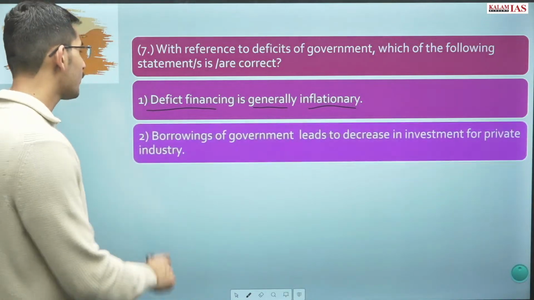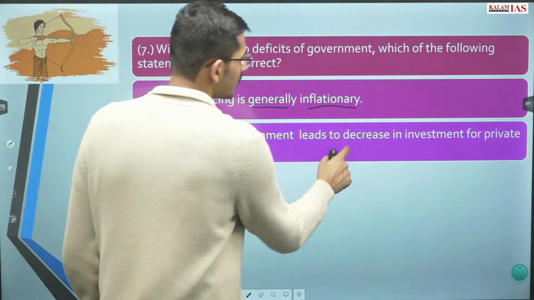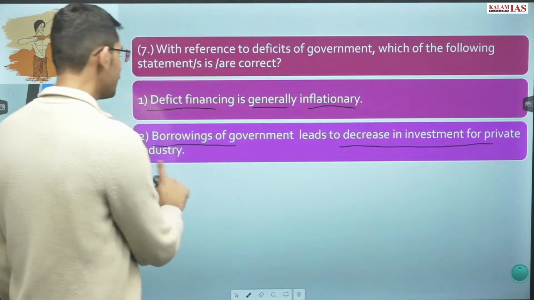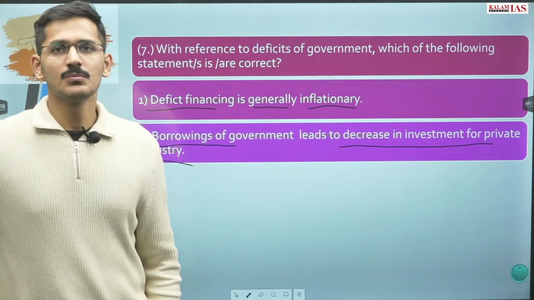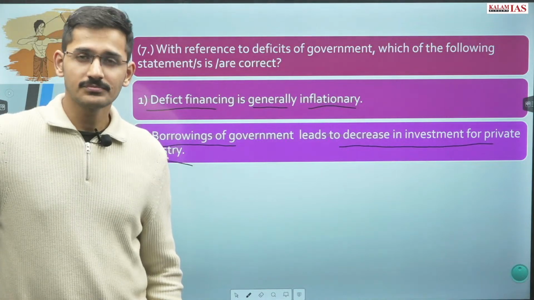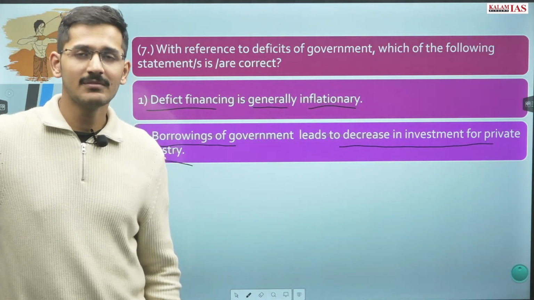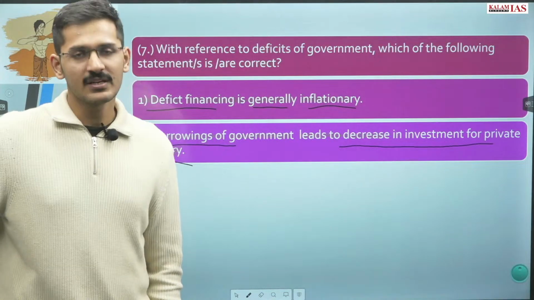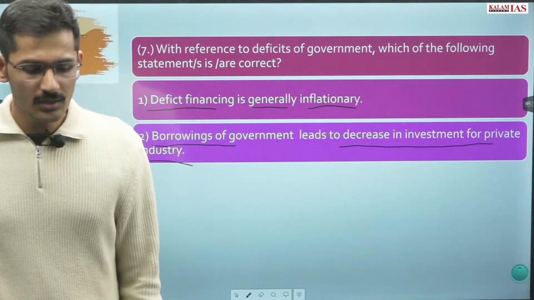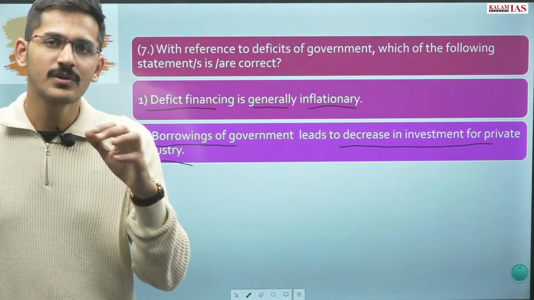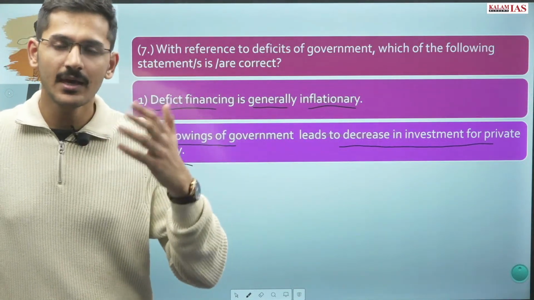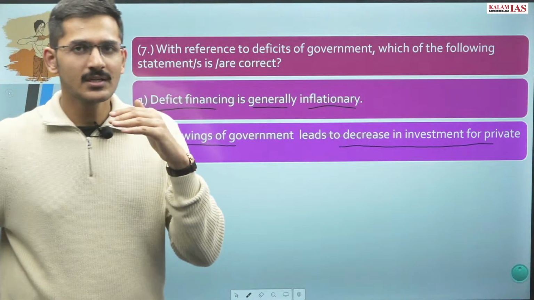Next is, borrowings of the government lead to decrease in investment for private industry. Money supply in the economy, the total money available with the banks and financial institutions, is more or less constant at one particular point of time. It increases with time, but at one point of time it is more or less constant.